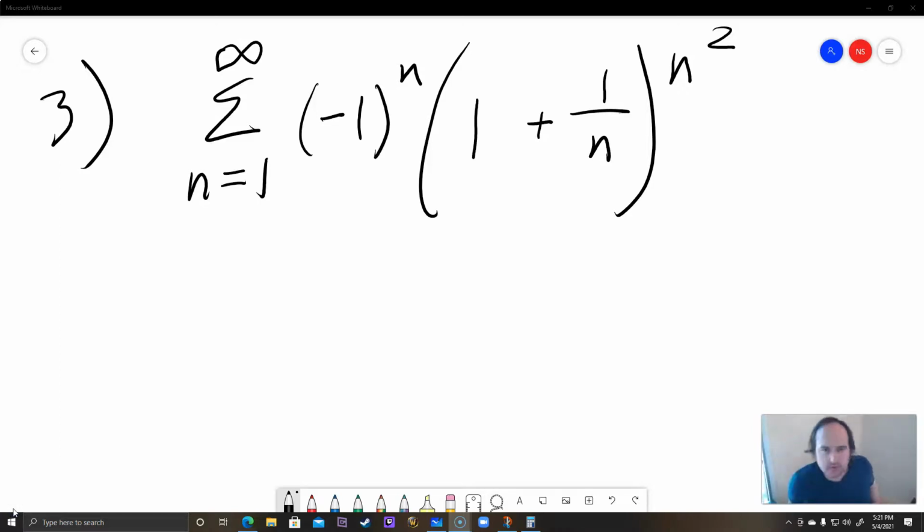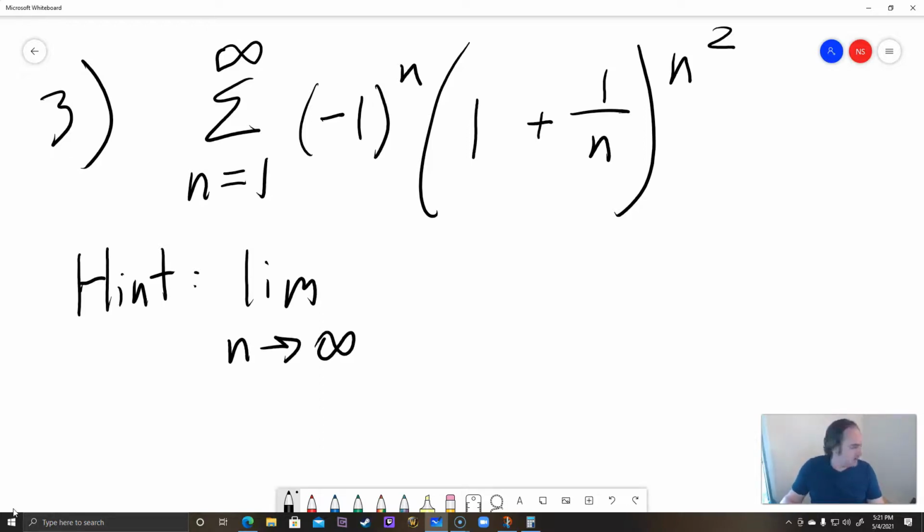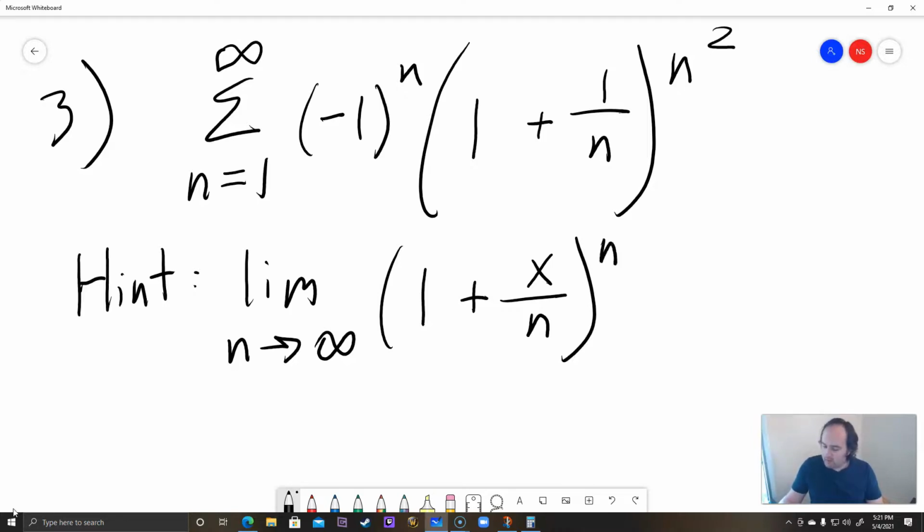The hint that they give us at the beginning of the problem says: the limit as n goes to infinity of the quantity 1 plus x over n, to the nth power, equals e to the x. This is their hint. But they still want us to use the root test. And at the end of the problem, we're going to see why we need this hint.